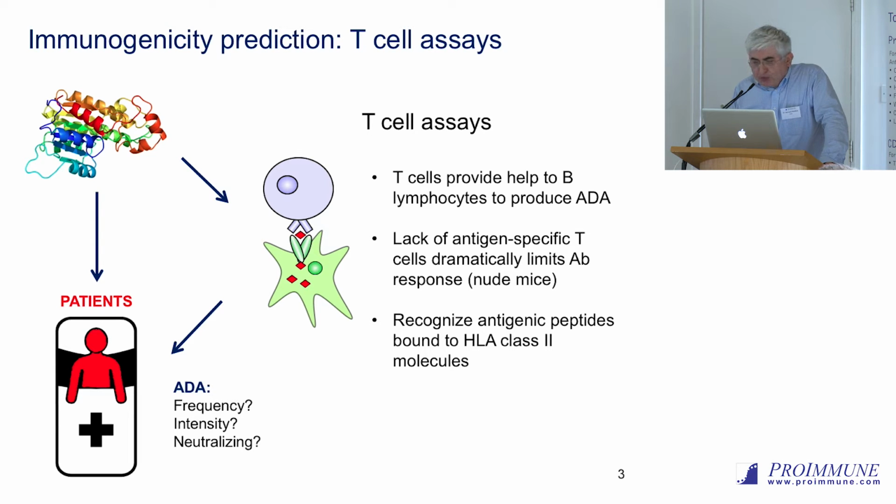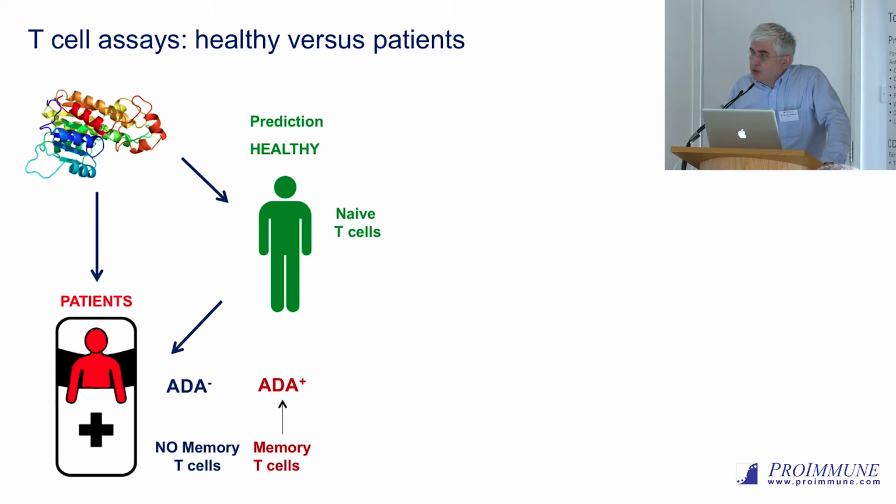But what are we doing with the T cell assays? We introduce healthy donors as predictive tools. What we wish to do is to get information from the healthy donors with the perspective to predict what could happen in the patients.